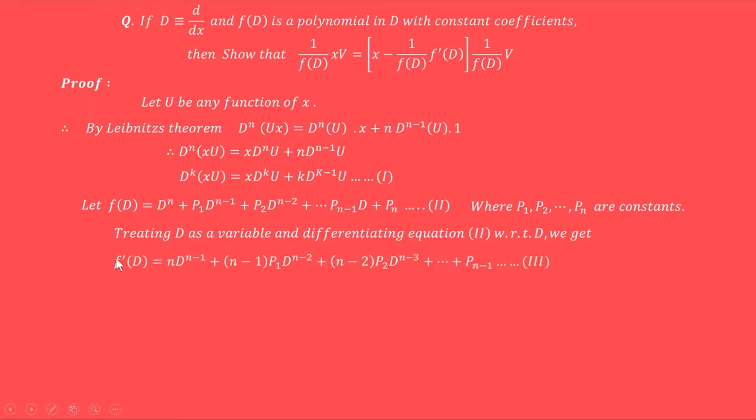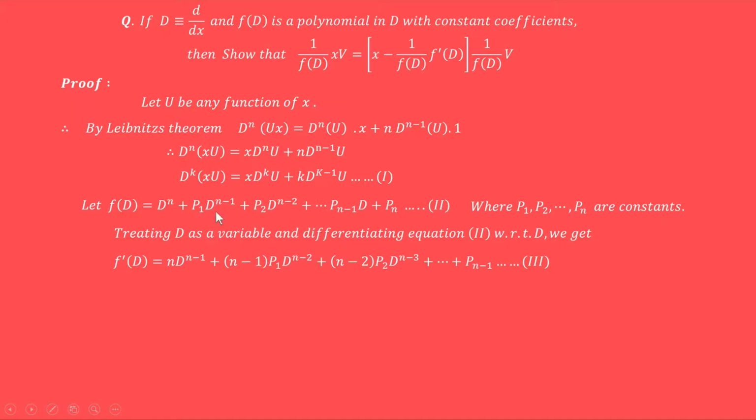And so we get f dash of D is equal to the derivative of D raised to n with respect to D, which is n D raised to n minus 1. Then the derivative of p1 D raised to n minus 1: here p1 is a constant, so it is as it is, and the derivative of D raised to n minus 1 is n minus 1 into D raised to n minus 2.